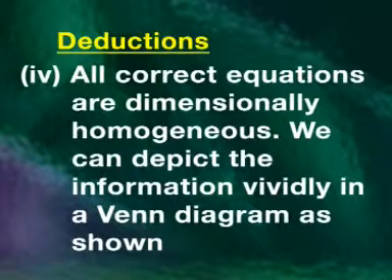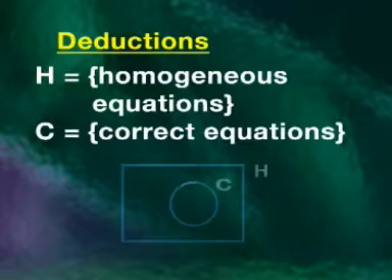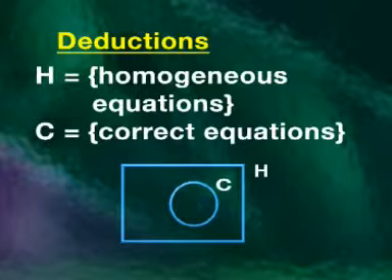All correct equations are dimensionally homogeneous. We can depict the information vividly in a Venn diagram as shown on the screen. H represents homogeneous equations. C represents correct equations. The diagram shows that all correct equations are homogeneous, but not all homogeneous equations are correct.